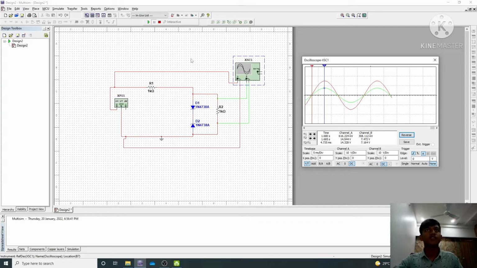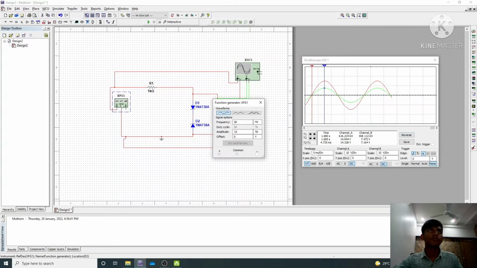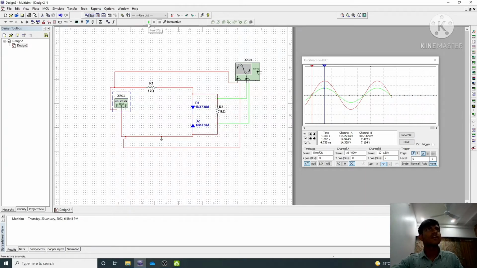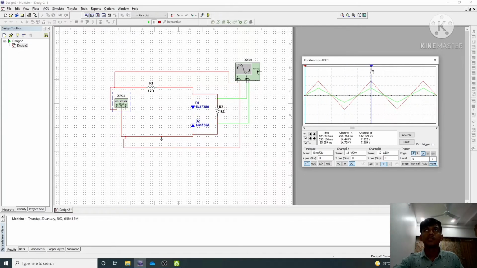Now let's check for triangular waveform. Now we will apply a triangular waveform whose amplitude is 15 volt peak, and we will do the same thing. So as usual, this is our input, which is nearly 15 volt peak.